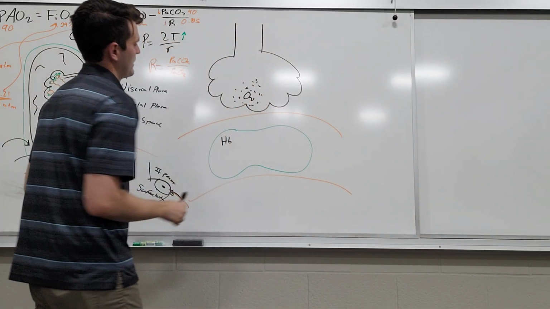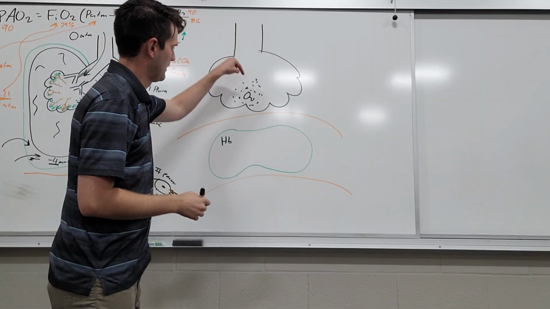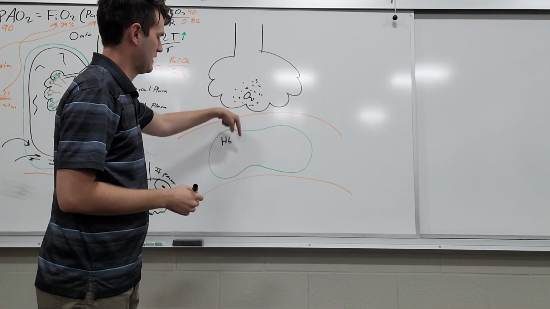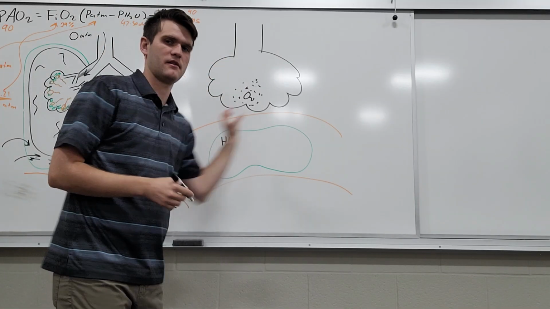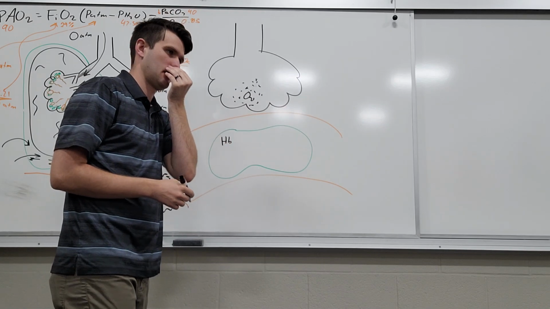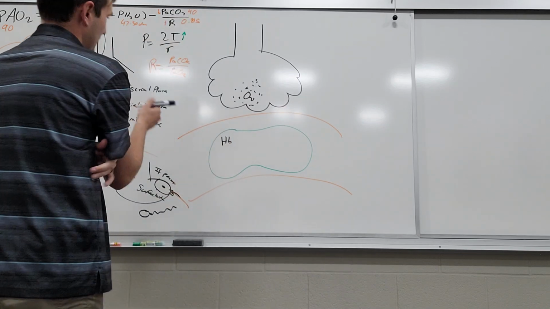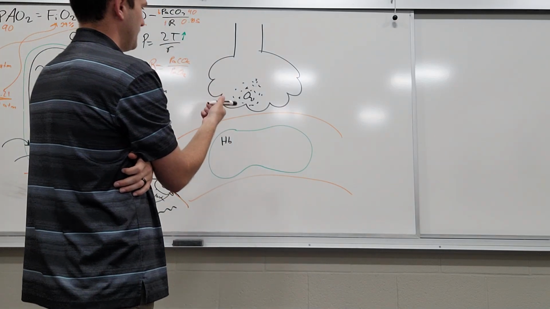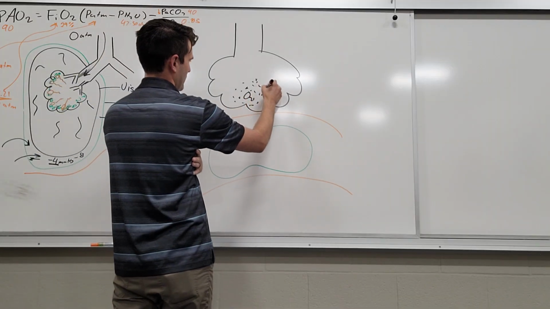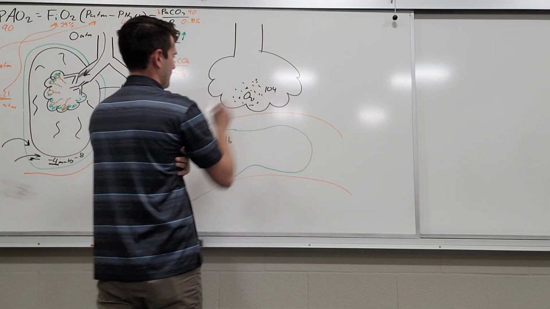And what we want to do with that O2 is get it into the capillaries, bind it to the red blood cell, and then transport it off to the tissue cell. And we're going to use gradients for that. So again, this PAO2 should be about 104.